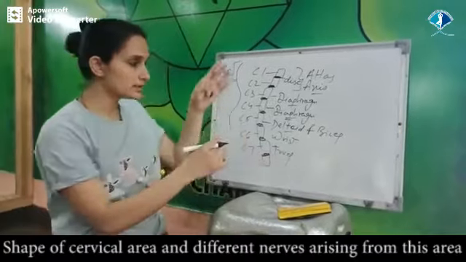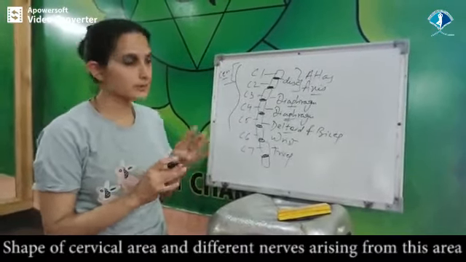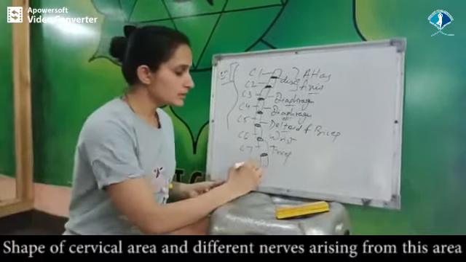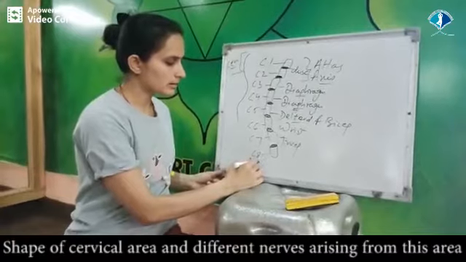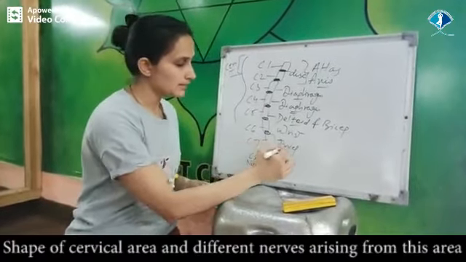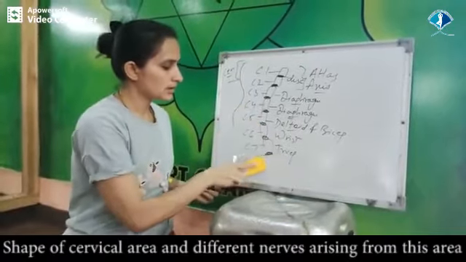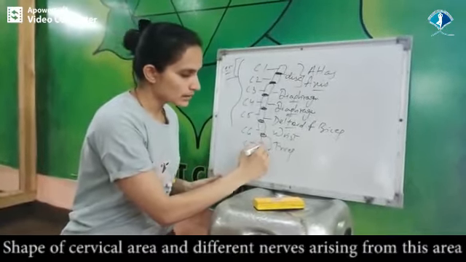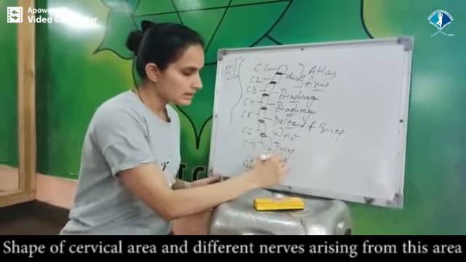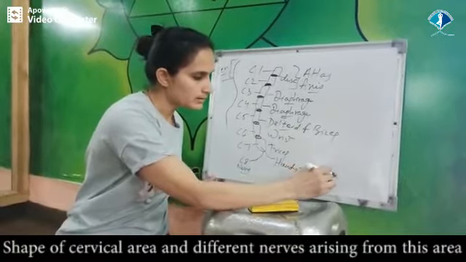Though we have only 7 vertebrae, we have 8 pairs of spinal nerves from our cervical area. The C8, now these are nerves, we won't draw this here. The C8 nerve also arises from somewhere here, and it stimulates the muscles of your hands and fingers.